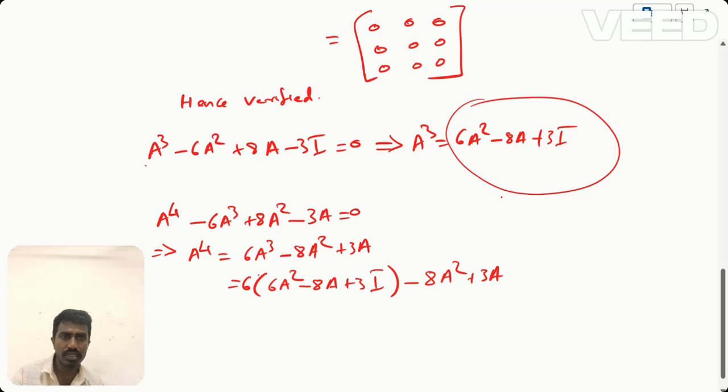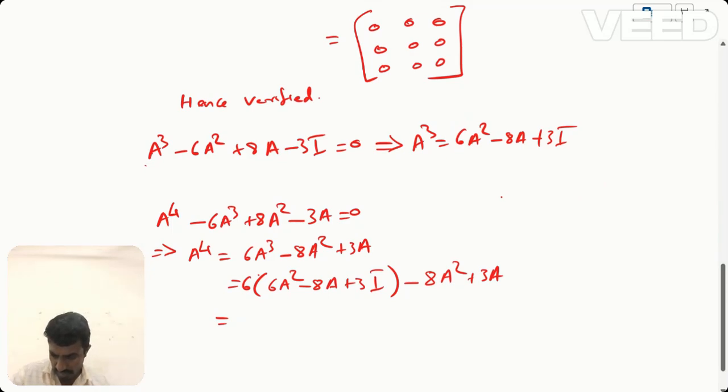Now simplify this expression, then you may get 28A square minus 45A plus 18I.